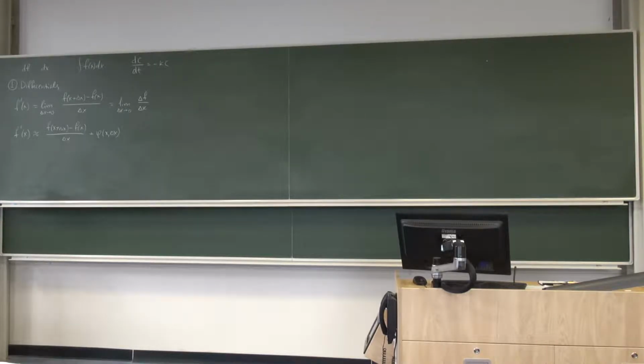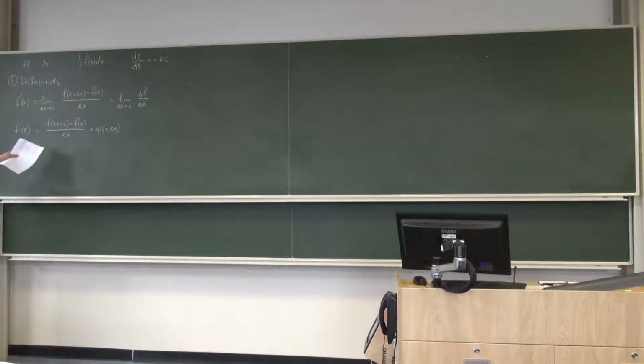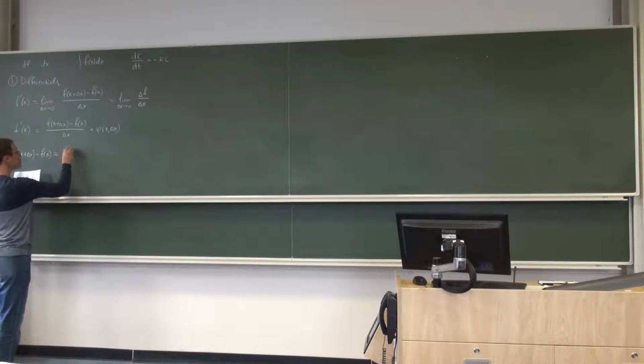What I will do is I will now say, okay, so with this correction term, this expression is actually exact, right? So the approximate expression for the derivative and the correction. And I will multiply this by delta x, and I will put this numerator in front of the equation. So what we have is f of x plus delta x minus f of x will be equal to the rest of this.